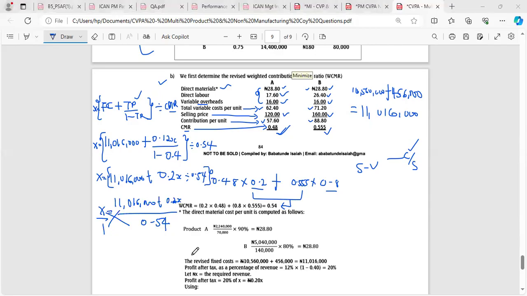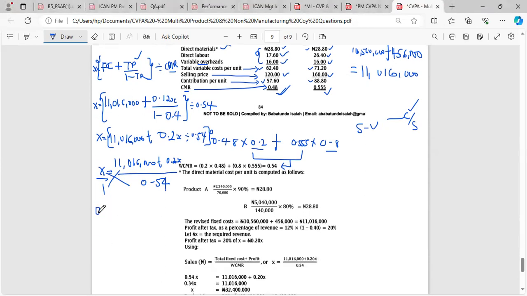We now have 0.54x, because once you multiply x, we multiply this. 0.54x is equal to 11,016,000 plus 0.2x. Are you seeing it? I think life is easier like this now.